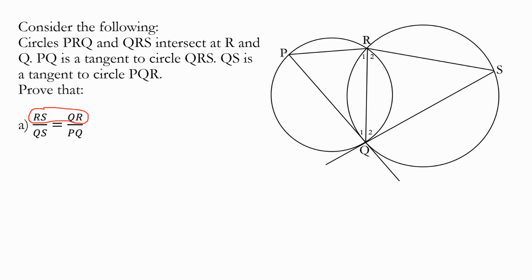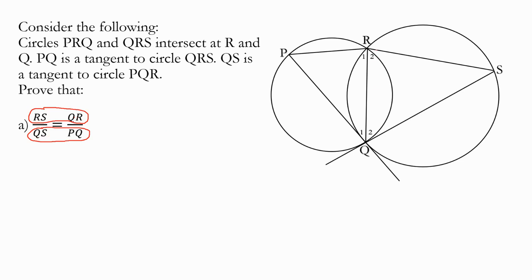Then we also check QSP, because Q appears twice, so we just take Q once. Now let's start with RSQ.